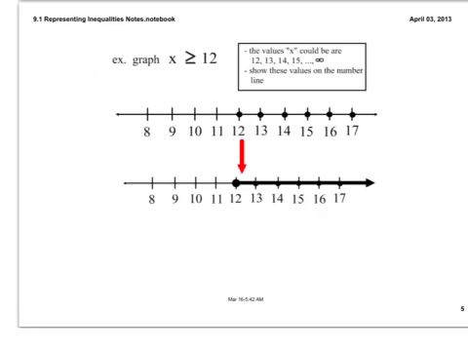So to start with, you have x greater than or equal to 12, which means it's increasing. So x can be any of 12, 13, 14, 15, etc. all the way to infinity.